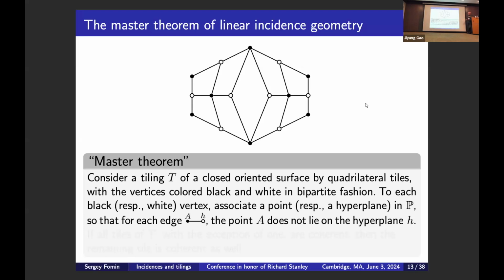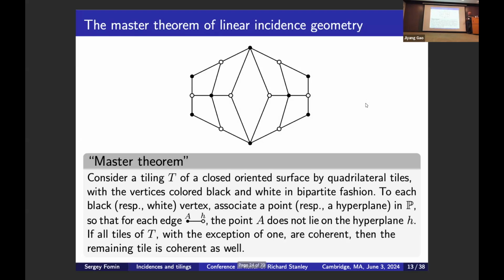Then the claim is that if all these tiles are coherent with the exception of one, then the remaining tile is also coherent. This is an incidence theorem manifested. Not only is it an incidence theorem, it's actually very easy to prove. Here is the sketch of a proof.